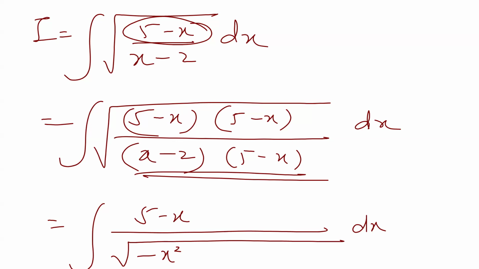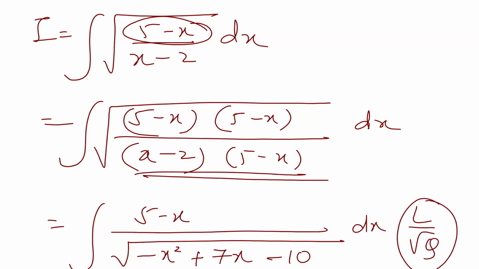So 5x plus 2x is 7x, and then minus 2 into 5, that is minus 10. So now this becomes linear upon root quadratic. You will solve this particular problem after this step. Okay. So remember, whenever the format is this, this is what we need to do.